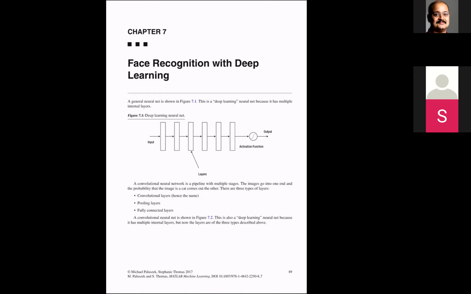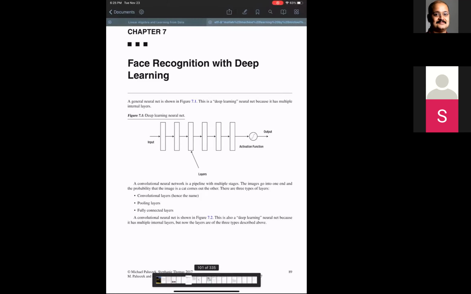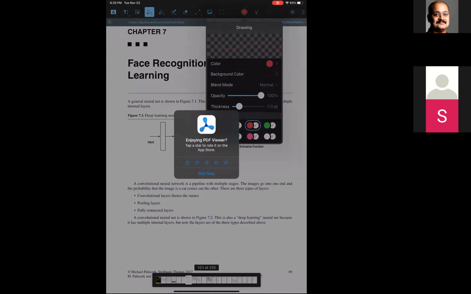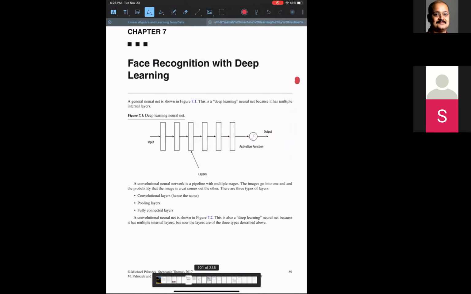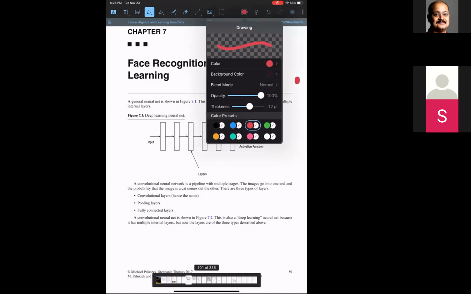First and foremost, please understand that by now you should be fairly familiar with the structure of this neural network.